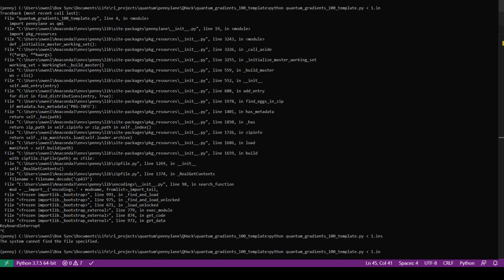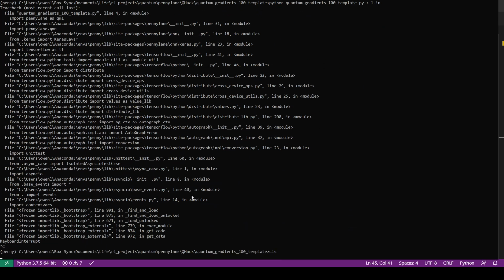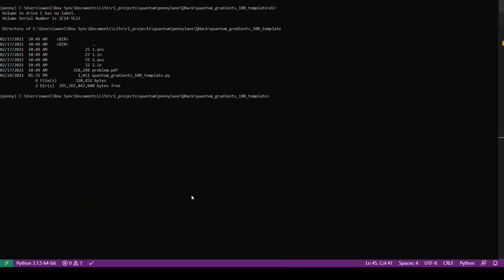Maybe I have to go check the file now. Oh yeah, it is 1.n. Okay. And so we run the file, we do 1.n. It'll take a second to run. Wow, I have a lot of free space, 300 gigabytes.